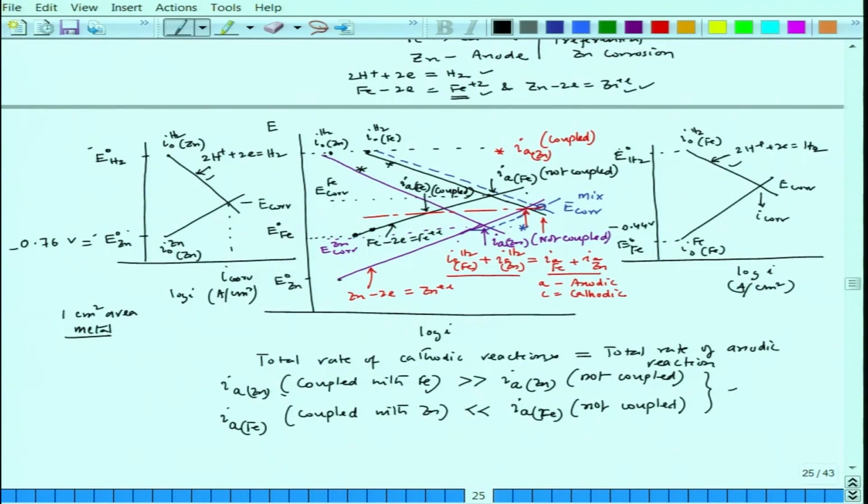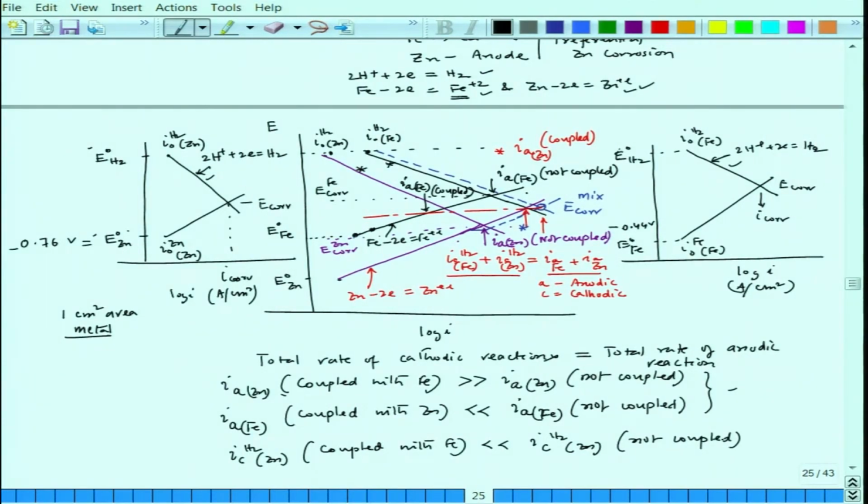Now, another observation we had was that I_C of hydrogen on zinc surface when coupled with iron should be less than I_C hydrogen on zinc surface when not coupled.